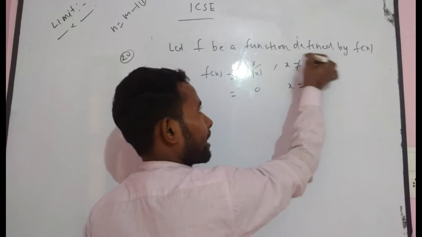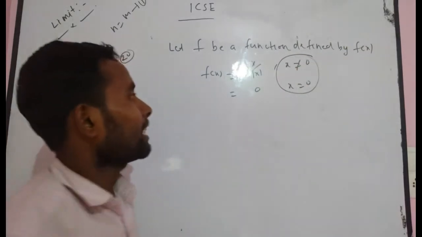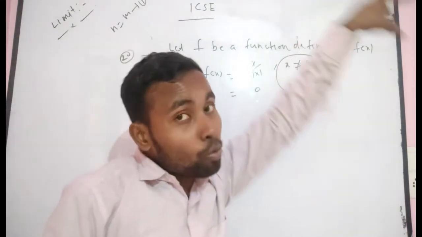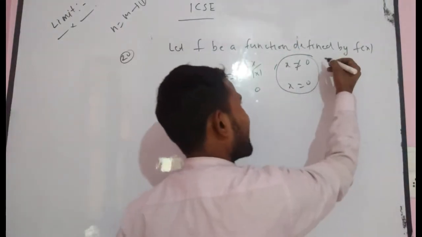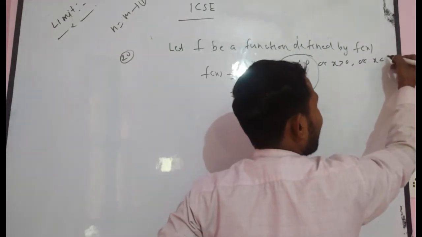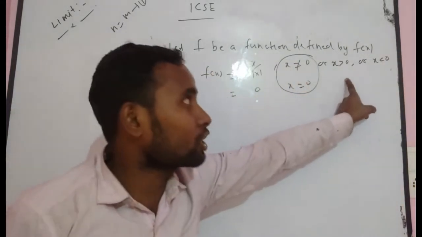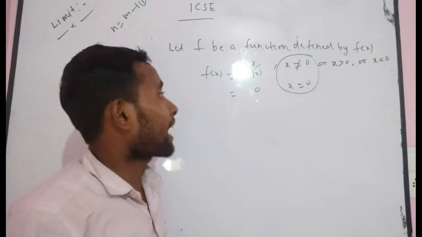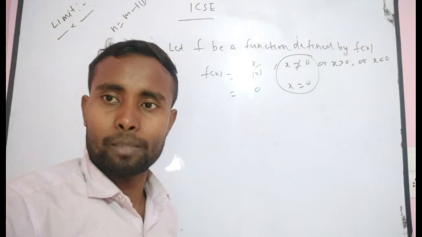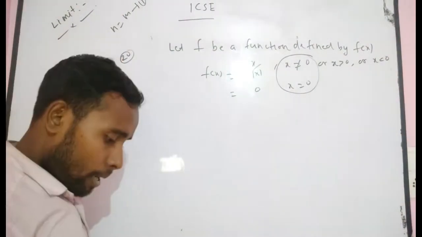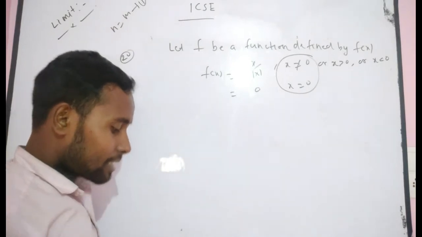What is the meaning of this? Here it says that if x is equal to 0, then f(x) is equal to 0. If x is not equal to 0, it means either x is greater than 0 or x is less than 0, and then you have to choose the function x by mod x. If x is equal to 0, then you choose f(x) equal to 0.